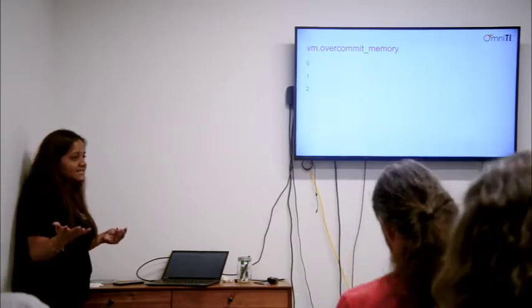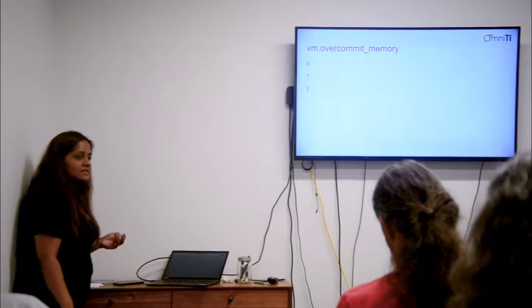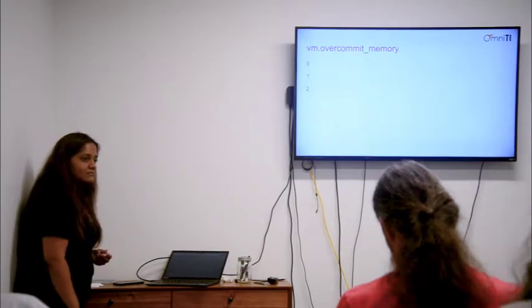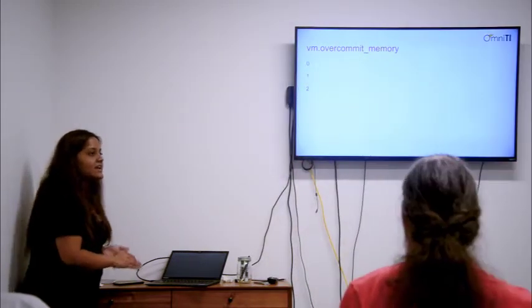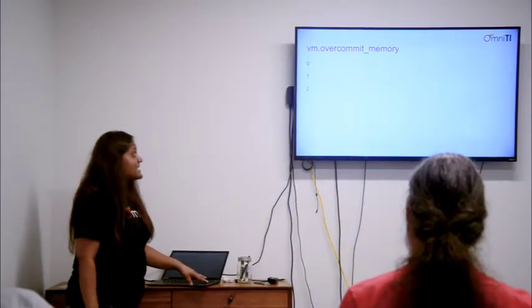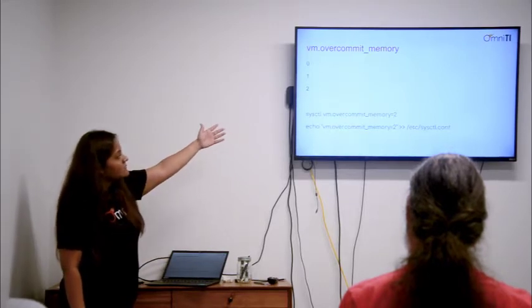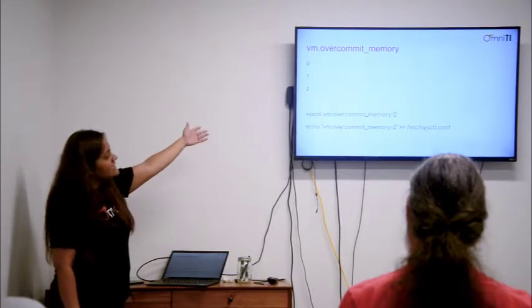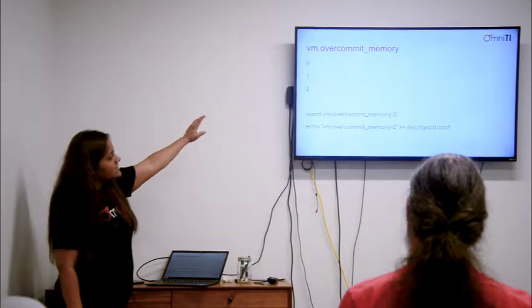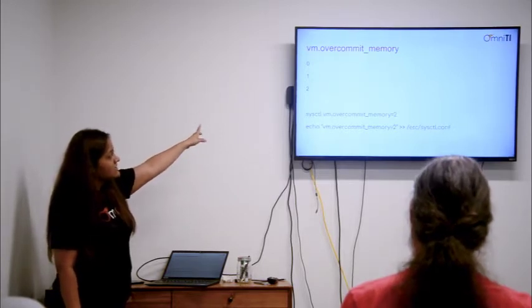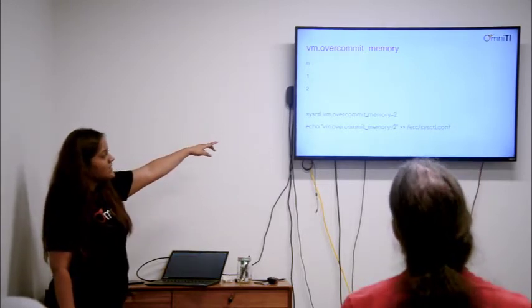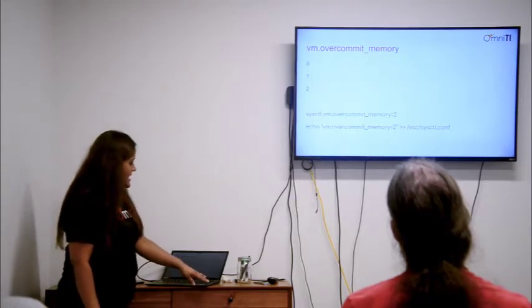Why do you want to chance any other process running in your server and asking for more memory? So just disable it. That's what you will end up doing. If you're looking to set this to 2, these are the two ways. On the newer kernel versions, you can just use the sysctl command. On the older ones, just use echo.